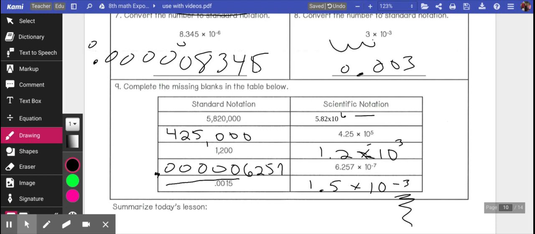Wait, 1, 2, 3. Yes, it should have 6 zeros, because we were right here on the 6, and then we went 1, 2, 3, 4, 5, 6. I miscounted 7. My bad. So that decimal should not be there. It should be here. So we'll see if you were listening. It's important to do homework 5 with this.